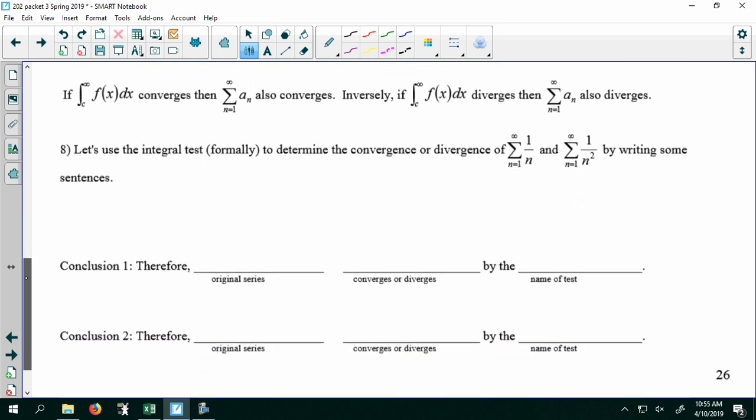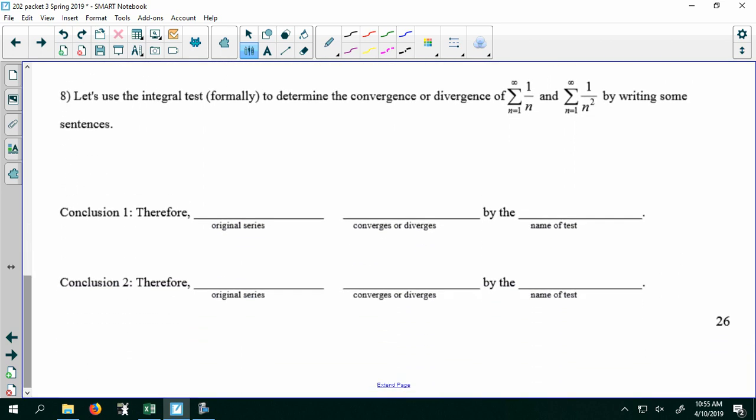So let's use the integral test formally to determine convergence and divergence of my two sums. So for 1 over n, we would have to say, since 1 over x is positive and decreasing for x bigger than or equal to 1, right?